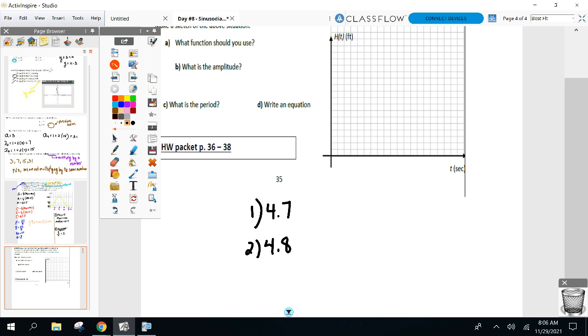Everyone should have their Chromebooks open to the Google Classroom answer keys. All right, so 4.7 work first, which is, just want to make sure I get the pages right. 33 and 34. So pages 33 to 34, and then you're moving on to pages 36 to 38.